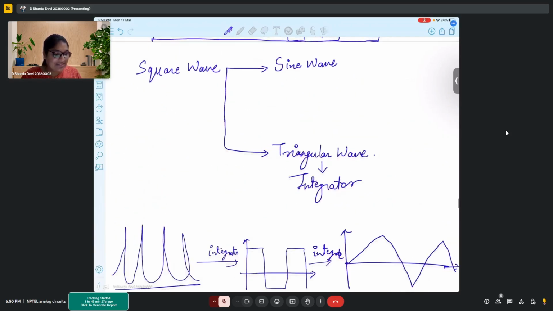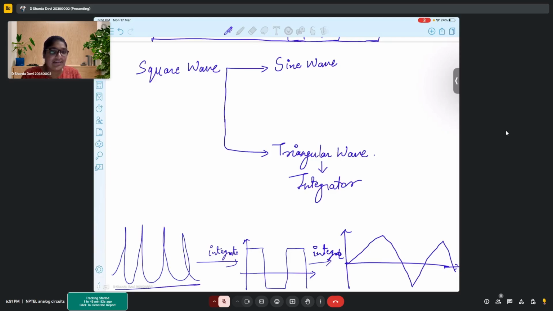Yes. Anything that comes to your mind? Differentiating. How would differentiating help? You're taking a small part out of it, so maybe you get a sine wave. So you call it a differentiator? Or will it be something else?